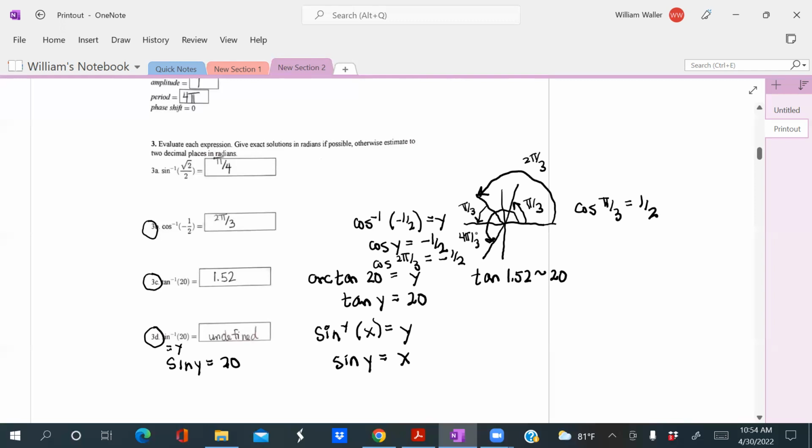If you compute the cosine of 4 pi over 3, you're also going to get minus 1/2 because the reference angle is pi over 3, and in the third quadrant cosine is negative. But 4 pi over 3 is not the answer we want here because we need an angle between 0 and pi. So 2 pi over 3 is the right answer, not 4 pi over 3.